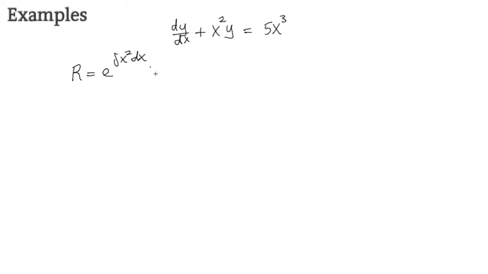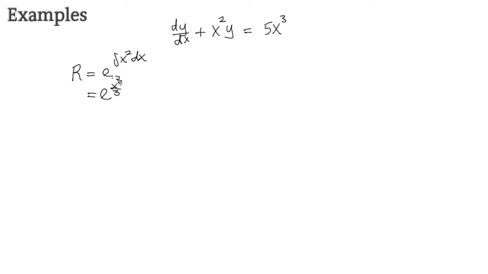And this one, fairly simple, is e to the x cubed on 3. And the plus c on the integrating factor can be ignored for some reason that is not explained.